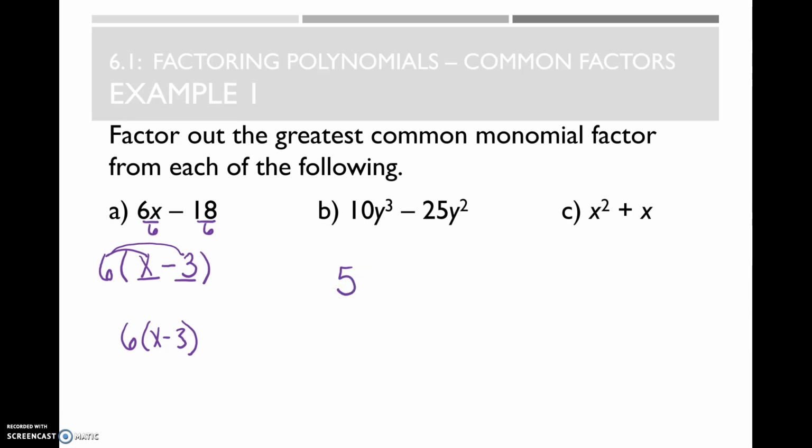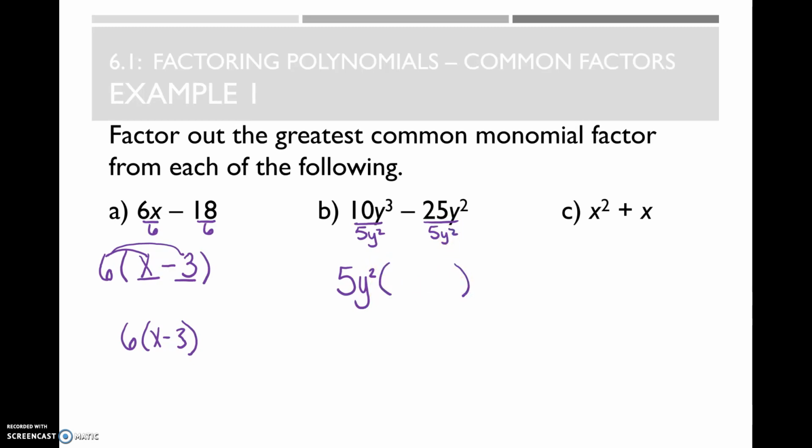Y to the third and y squared. The first term has 3 factors of y. The second term has 2 factors of y. So what is the largest number of factors of y that we could divide out of both of them? 2. So we are going to divide out y squared. If you need to, write divided by 5y squared underneath each term.